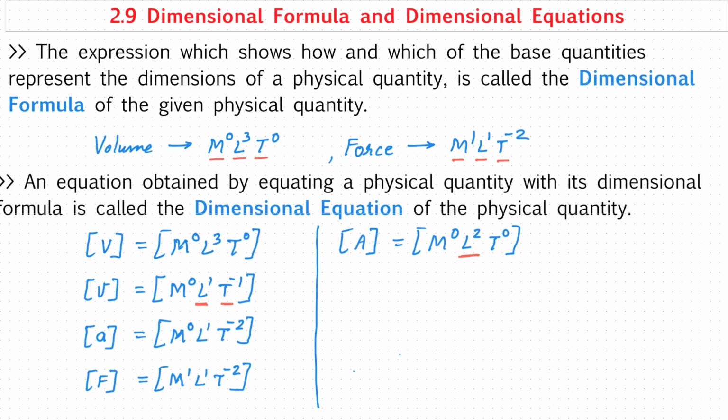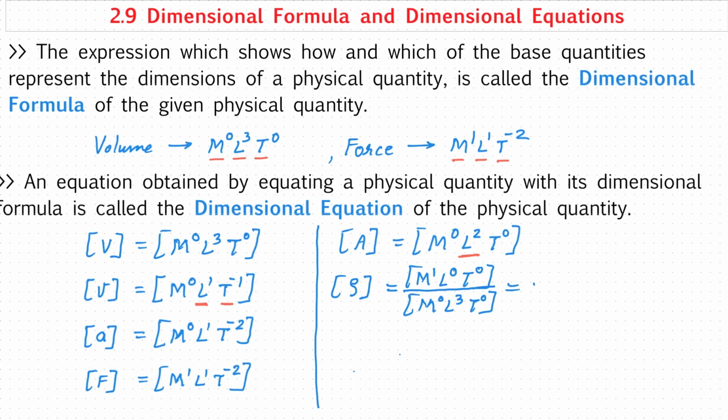Now let us see density. The dimensional equation of density can be written as [rho], and density is mass upon volume. So for mass it will be M1 L0 T0 in the numerator, and for volume it is M0 L3 T0 in the denominator.